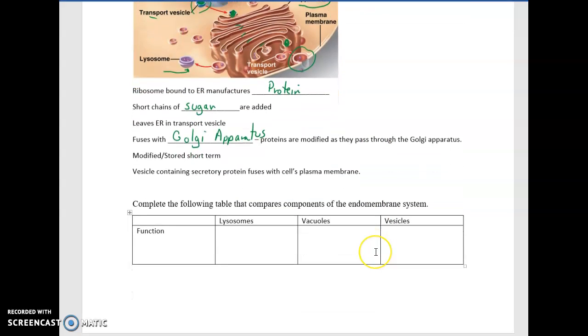Okay, so let's look at some other components. So we've got lysosomes. We just saw that these are digestive.